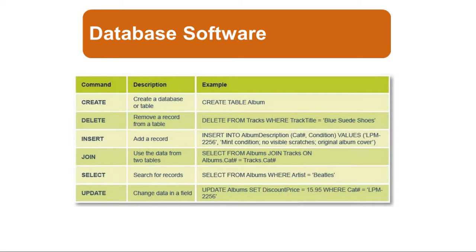So that would be a select based on joining 2 or more tables. A select is just that. I'm asking for a subset of information from my tables. And then I can update or change data.